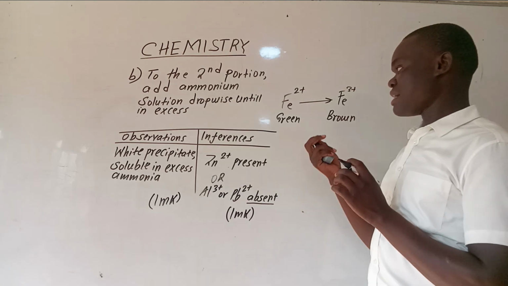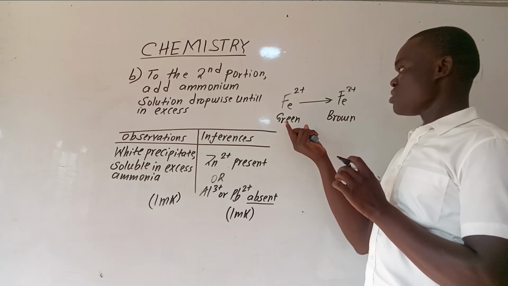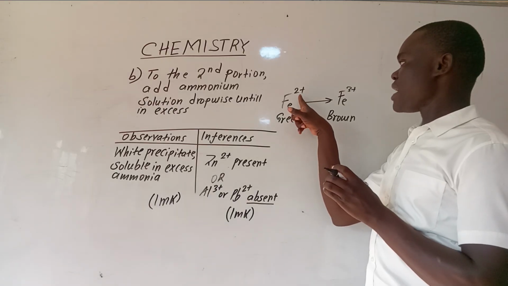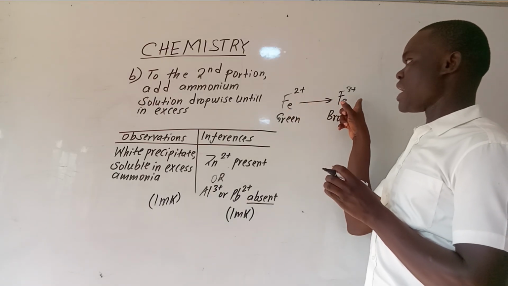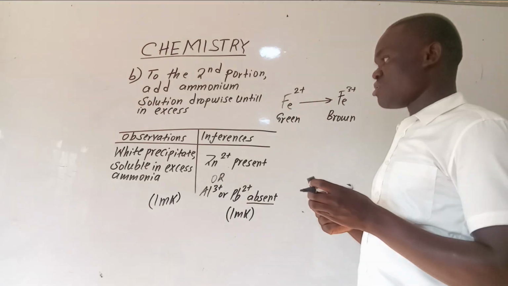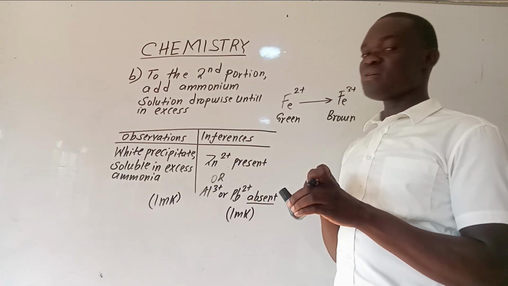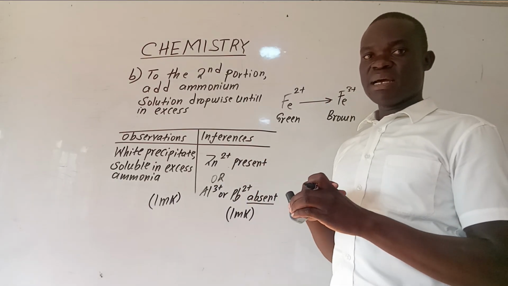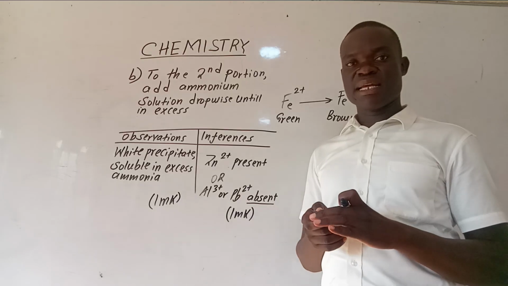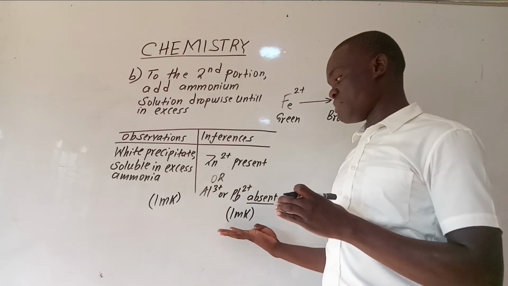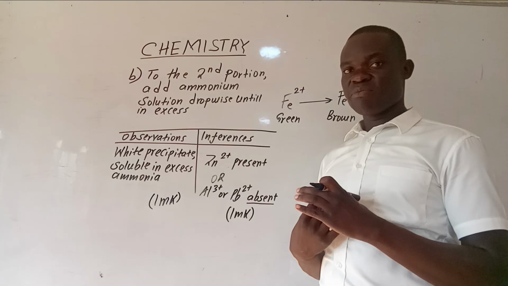So in that circumstance, we will be talking about iron 2 ion has been oxidized to iron 3 ion. But on this, we only talk about the 3 amphoteric ions, but I've said we can only give alternative answers depending on the marks given in that bracket.